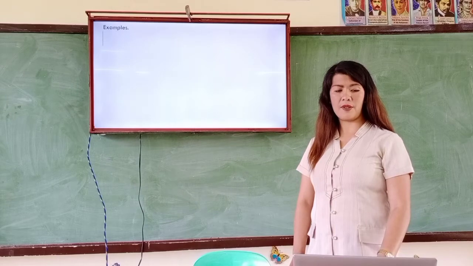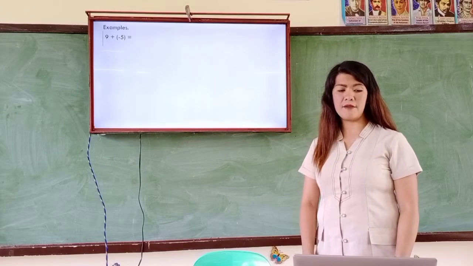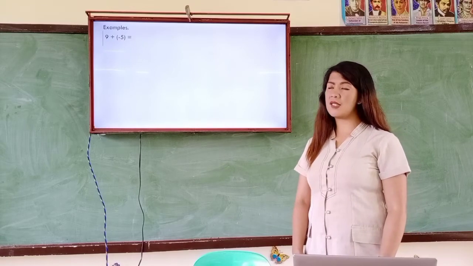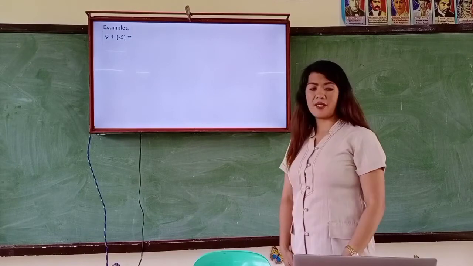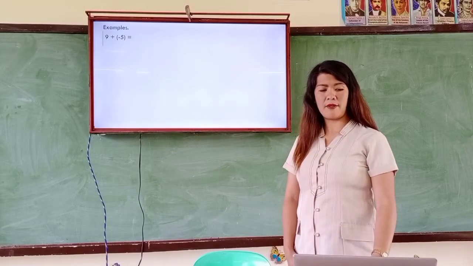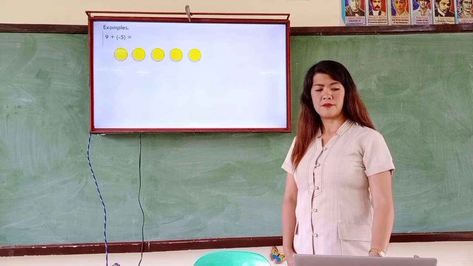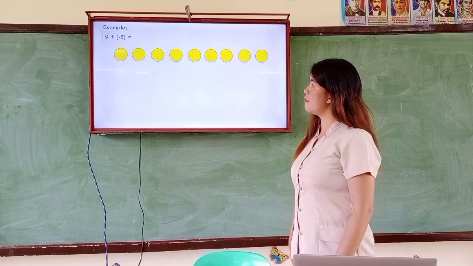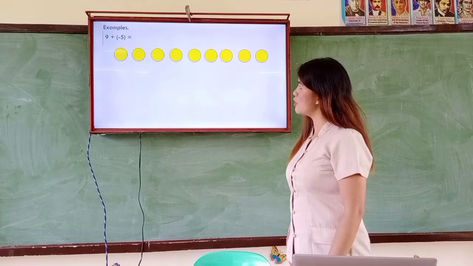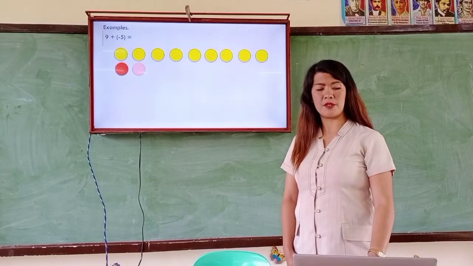Another example. We have positive 9 plus negative 5. Since positive is represented by yellow chips, we have 9 yellow chips. Then plus negative 5. Negative is represented by red chips, so we have 5 red chips.